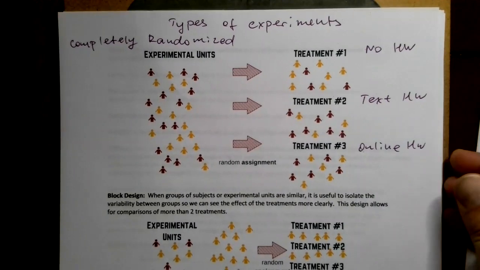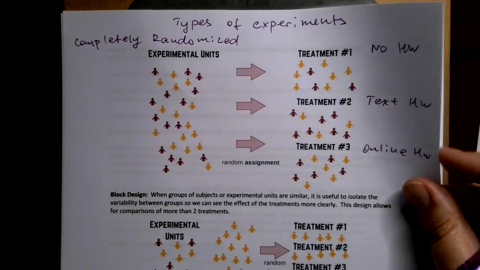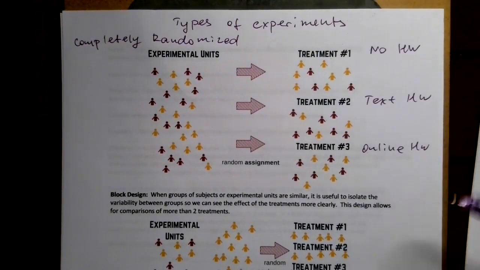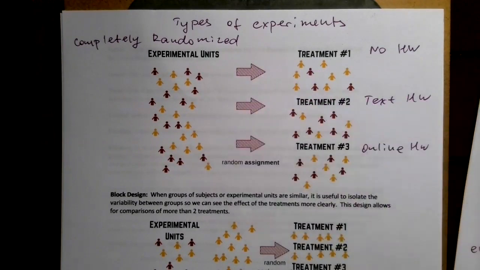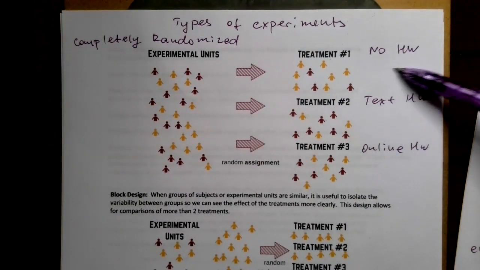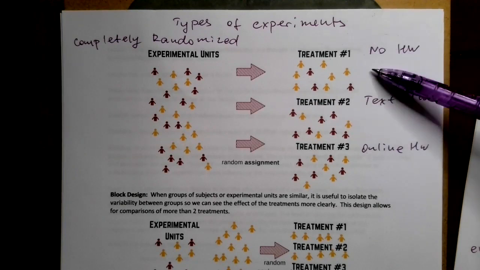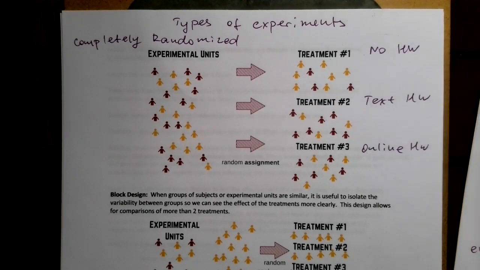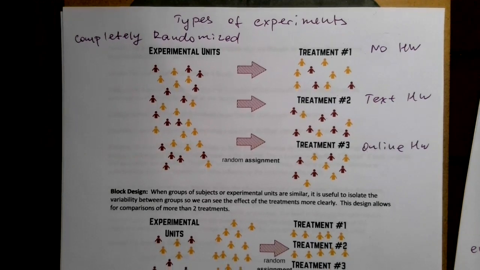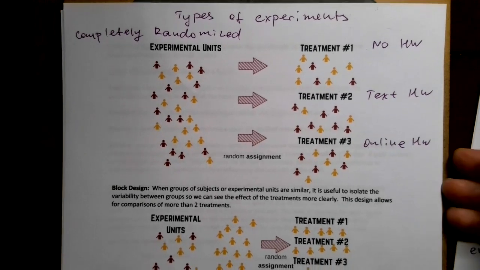But let's say the danger with this experiment is that just by chance, let's say more people who scored really high on the first exam, the majority of them, end up in the no homework group. It is possible.